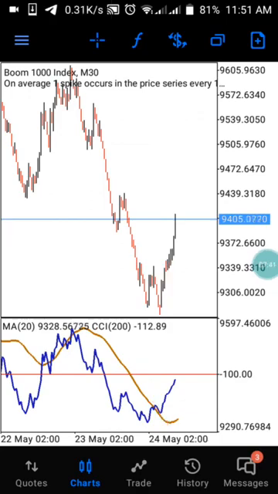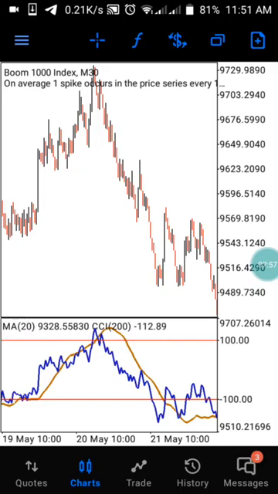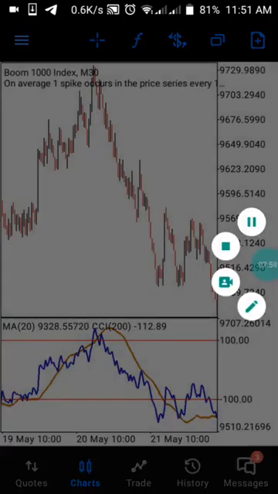You see that? We have our blue on a downtrend when the yellow line is above, and we also have our blue on the uptrend when the yellow line is on the downtrend. You see what the market is saying currently. So that's exactly how this strategy works on Boom and Crash 1000.